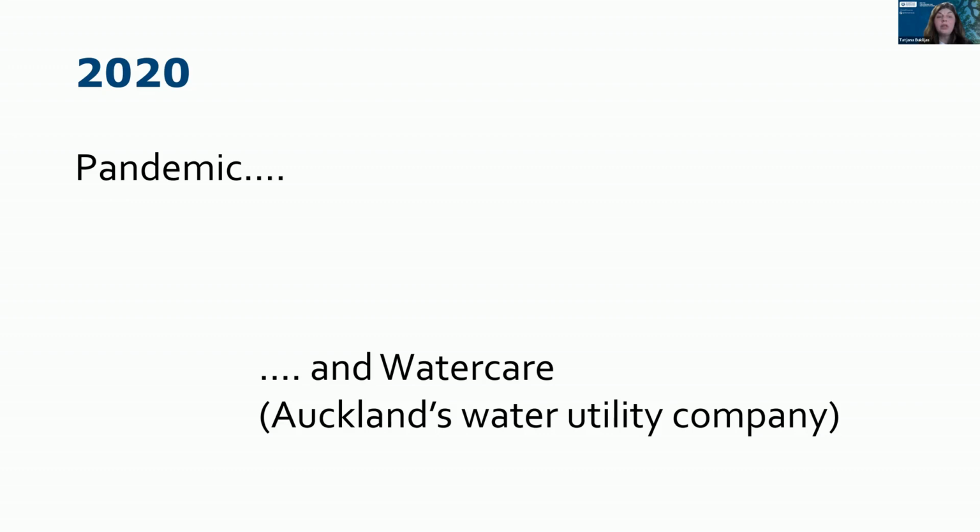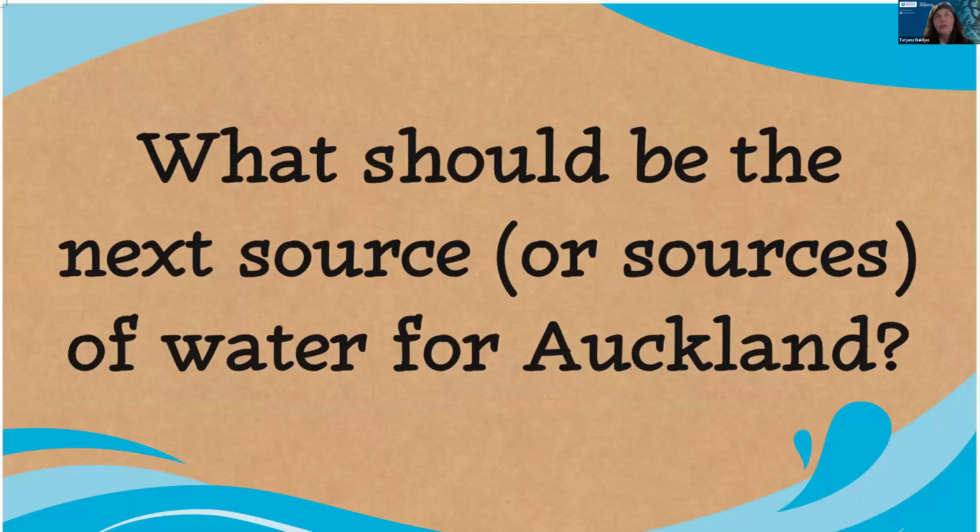They wanted to come up with a plan on how to develop the next source of water for Auckland for after 2040, so looking really 15 years ahead towards a very different climate future. But they wanted to engage Aucklanders in much deeper, more open, more inclusive, and better ways.